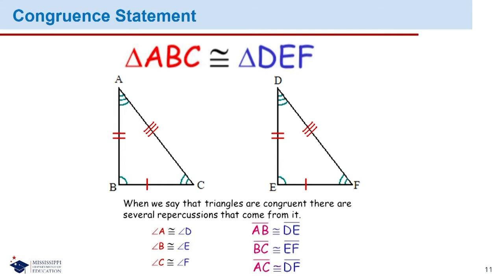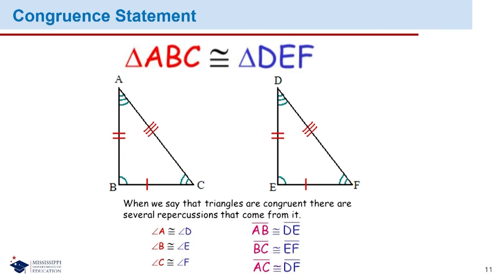Side length AB matches DE. Side length AC matches DF. They are congruent. Also, angle A matches angle D. Angle B matches angle E, and angle C matches angle F, meaning they are congruent.